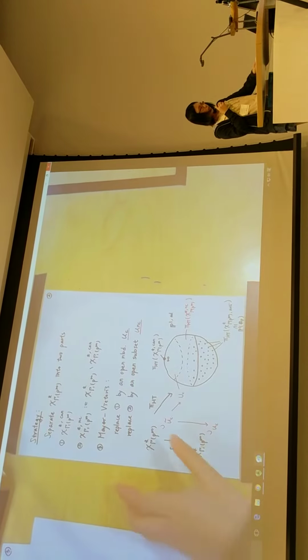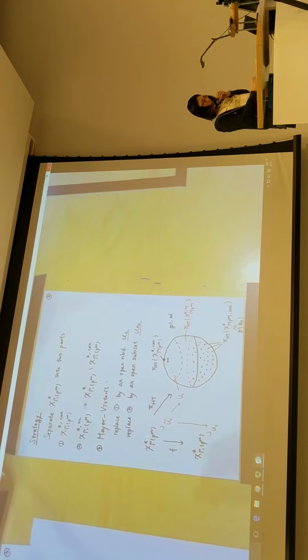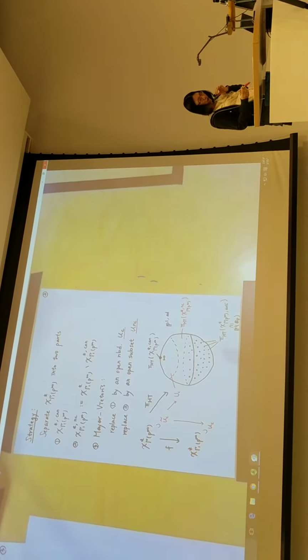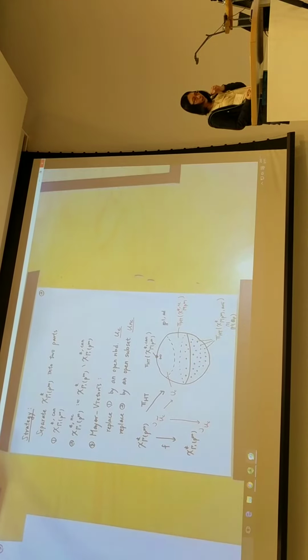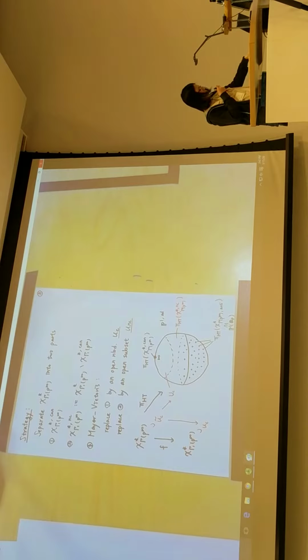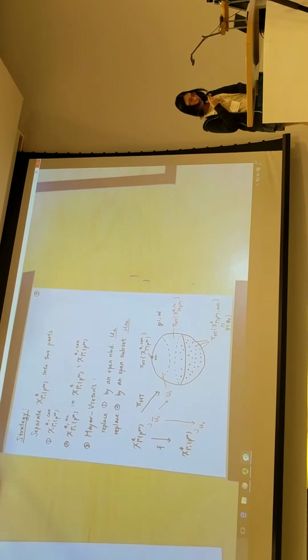And for a side remark, I'm going to tell you why they don't lie on the upper hemisphere, where these Q_p rational points are. So let me show you another picture.